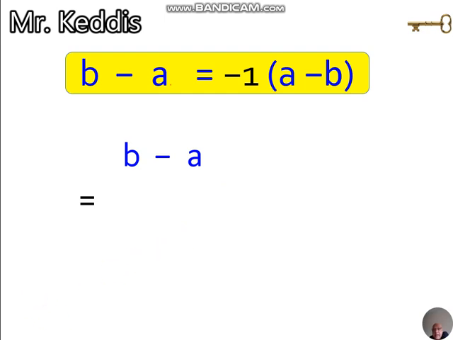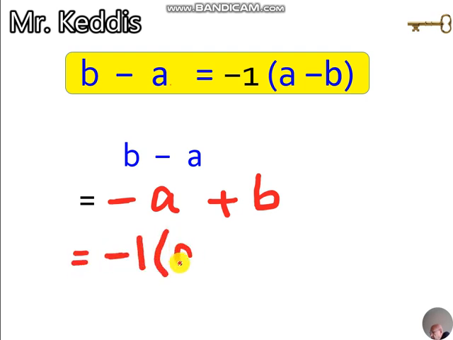You have b minus a, I need to switch it to a minus b, but I have to multiply it by negative 1. This is positive b, and this is negative a. I bring the negative a first, and the positive b after. I'm going to take the negative 1 as a common factor.